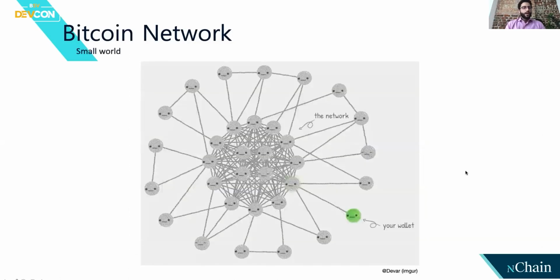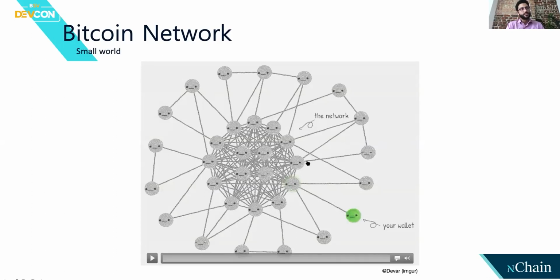So as time progressed and as we studied and monitored the network and understood it more deeply, we realized that the Bitcoin network is actually a small world network with highly connected graphs, as we can see in this diagram here.